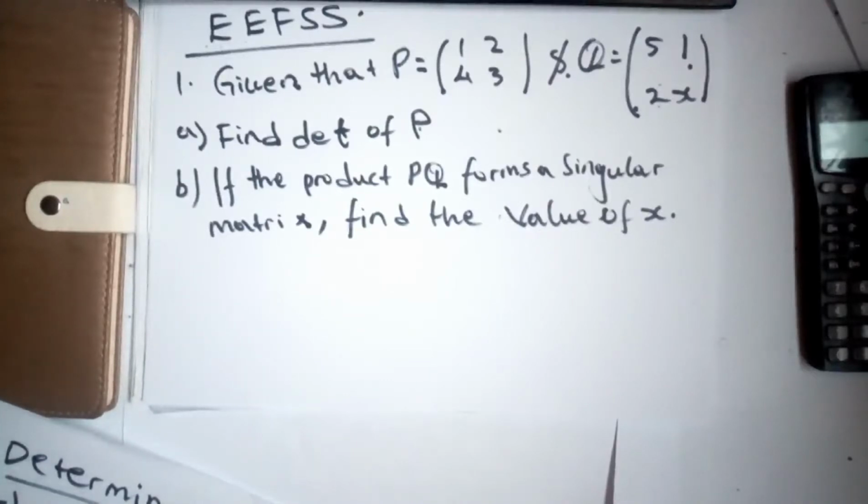Now, what you're going to do here, first of all, look at the question, what it is requiring. For the first part, that is very easy. Use the definition of a determinant of a matrix. You'll be able to find the determinant of matrix P. Then for the second part, first of all, form a matrix PQ by using the concept of multiplication of matrices.